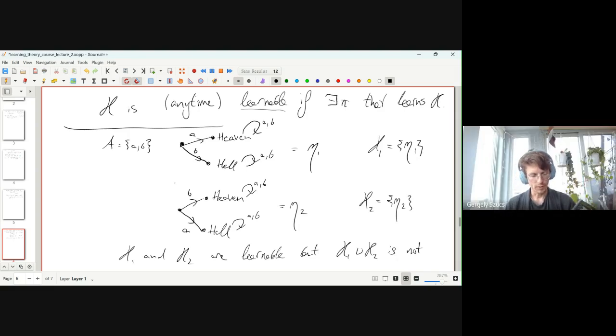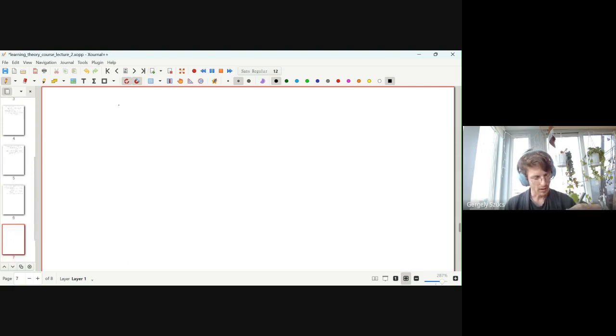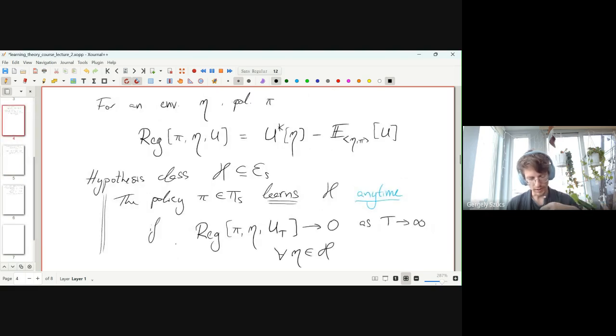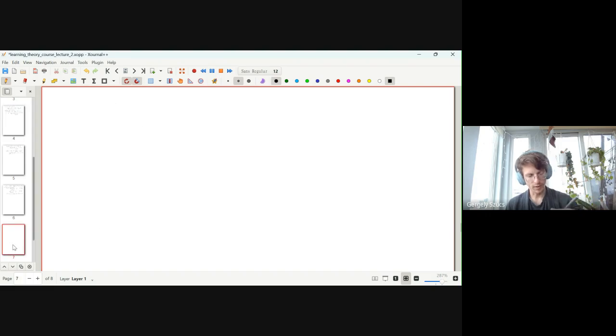Okay, so this is learnability. I wanted to say a general thing: as I mentioned, this converging to zero is the weakest possible condition that we can have to capture learning. But in practice, the rate of convergence to zero is an interesting parameter of the hypothesis class.